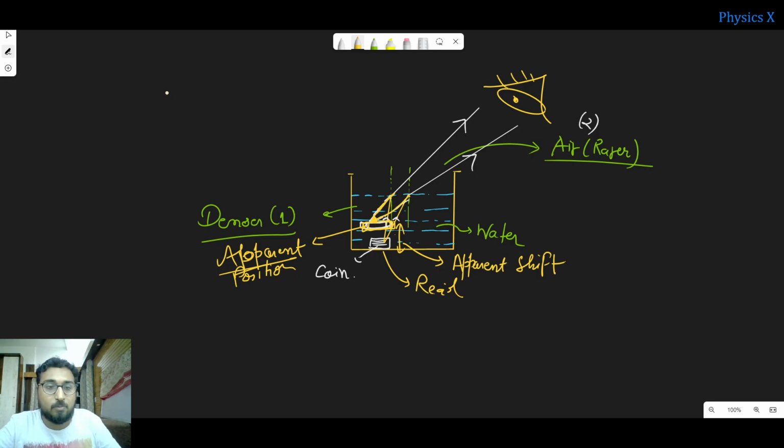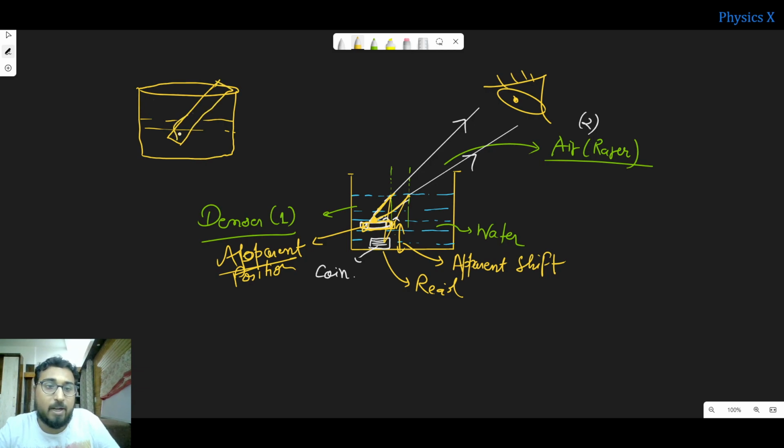Also, sometimes when you immerse an object half in water and half in air, that object will appear to be bent. Suppose you take a transparent beaker, place water in it, and immerse a rod in it.